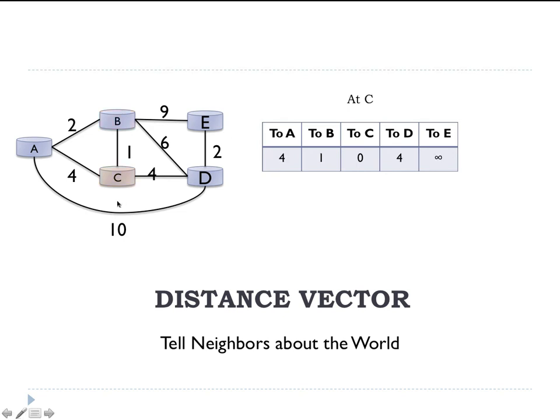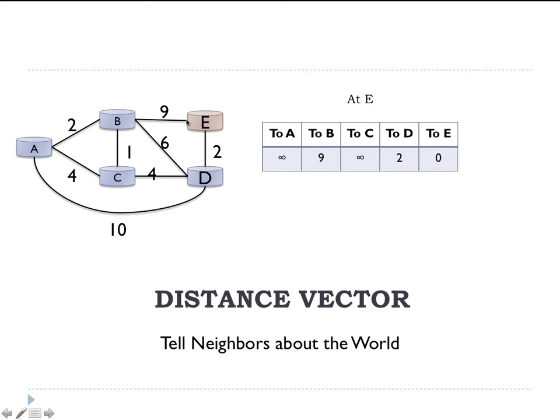At C, it looks like this. We got 4 to A, 1 to B, 0 to C, 4 to D, infinity to E because it's not directly connected. D looks like this. D is 10 to A, 6 to B, 4 to C, 0 to D, 2 to E. This is its distance vector.